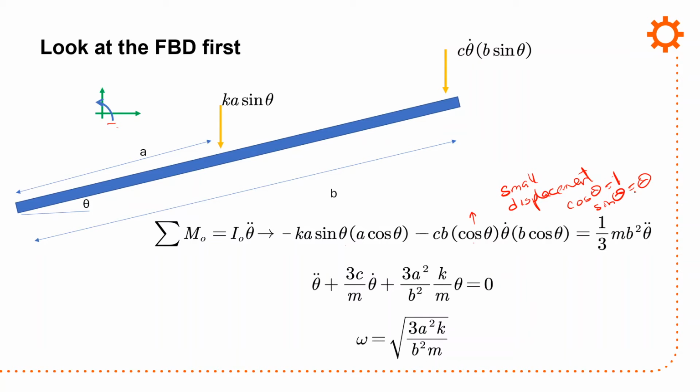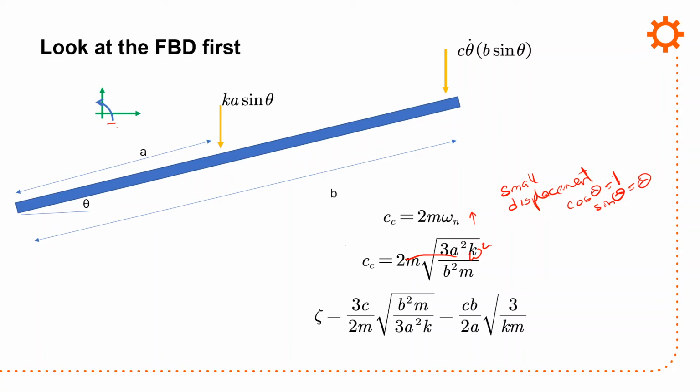So in that case, I end up with this next expression down: theta double dot plus 3c over m theta dot plus 3a squared over b squared k over m theta equals 0. And that right here is my omega squared term. So again, it's not k over m, it's the force balance, or the moment balance in this particular case, of the system. And then the square root of that is 3a squared k over b squared m.